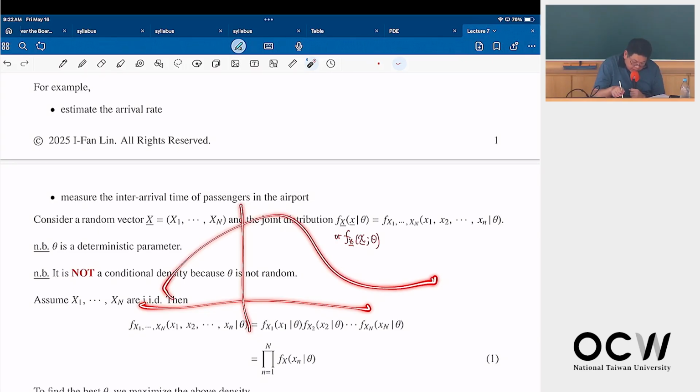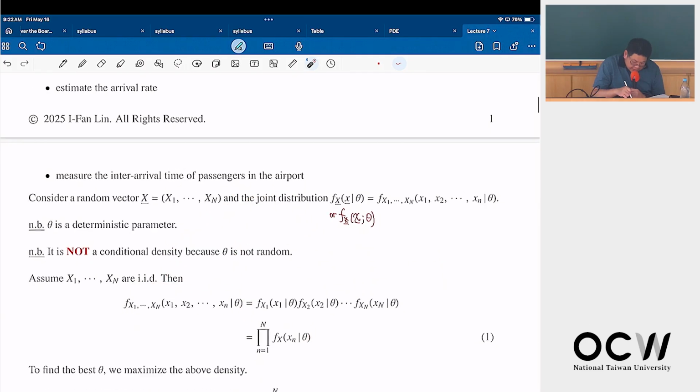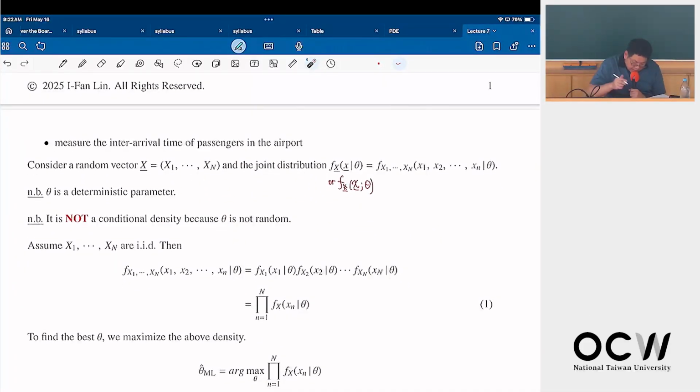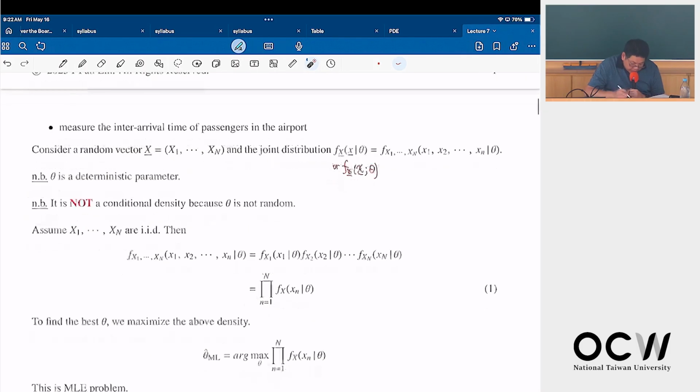So which theta can maximize this density? We want to find the best theta. We need to find the arg max of this, and this theta is just the maximum likelihood theta. This is the maximum likelihood estimation problem.